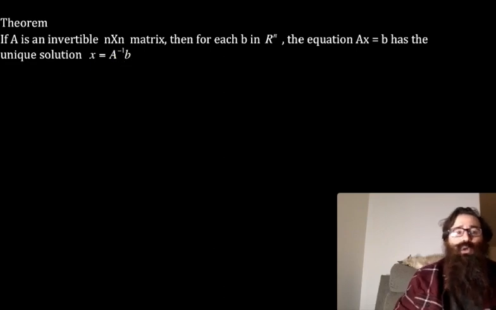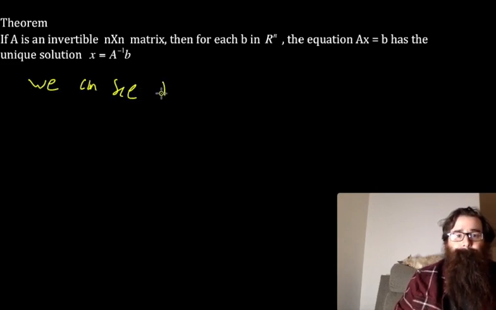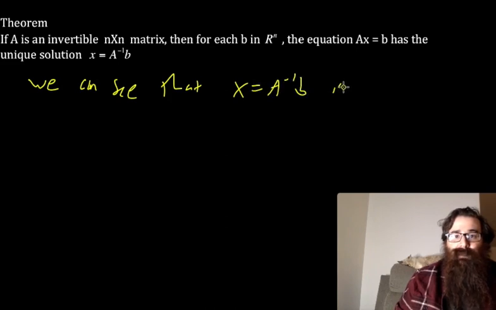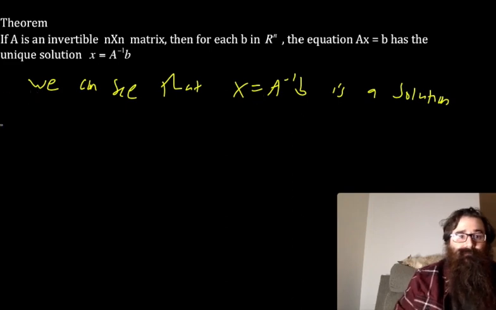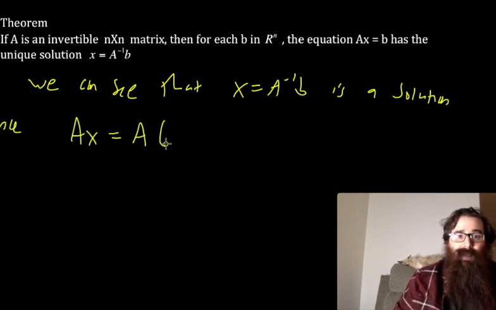And let's actually show this. Let's see if we can get some idea as to how a proof would look. So first, we can see that x equals A inverse B is a solution, since A times x is equal to A times, and here x is A inverse B. I make that substitution.